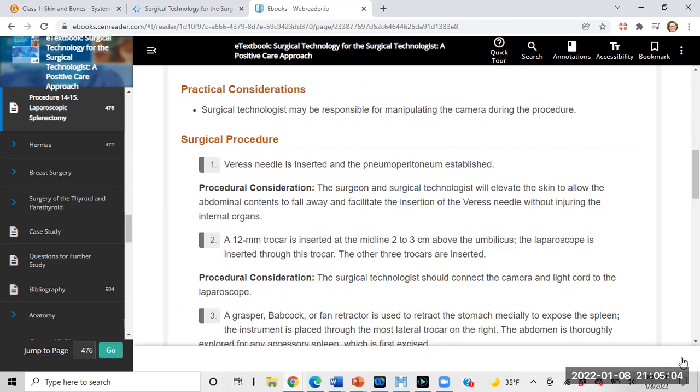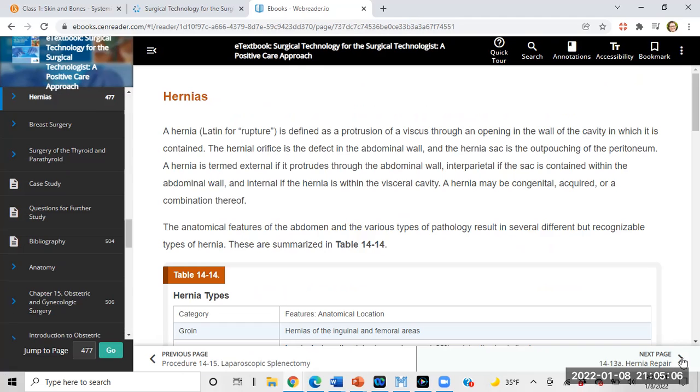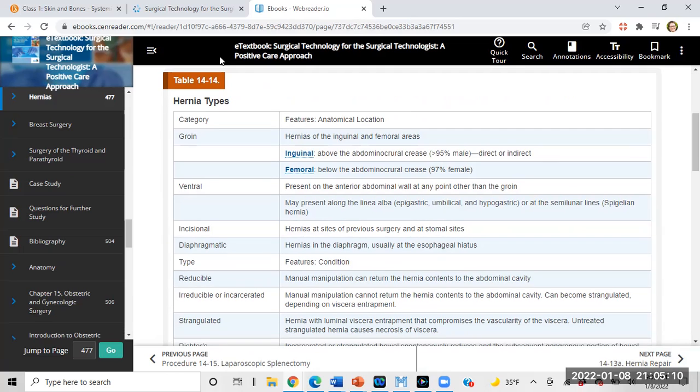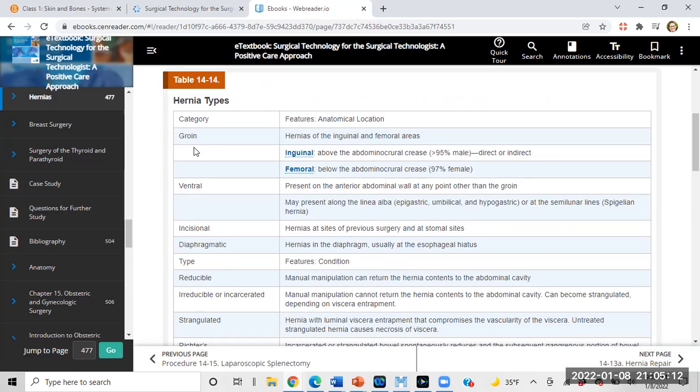And then moving into the hernias, different types of hernias. In the groin area, we could have an inguinal hernia. That is above the abdominal crural crease, and that can be a direct or indirect type of hernia. And then the femoral is below that abdominal crural crease, and that's almost always in a female.